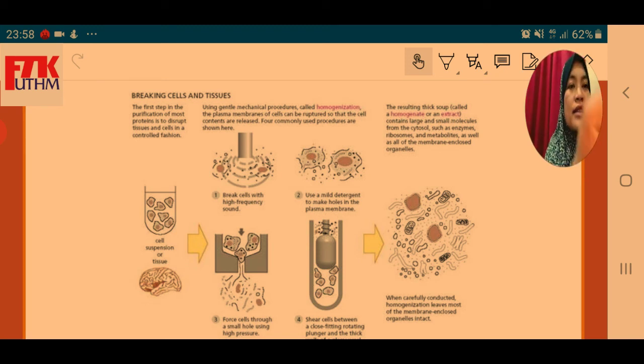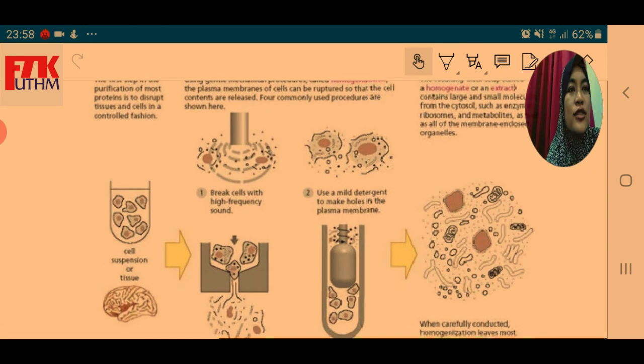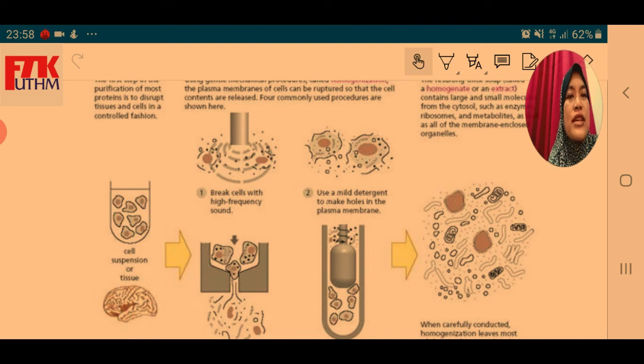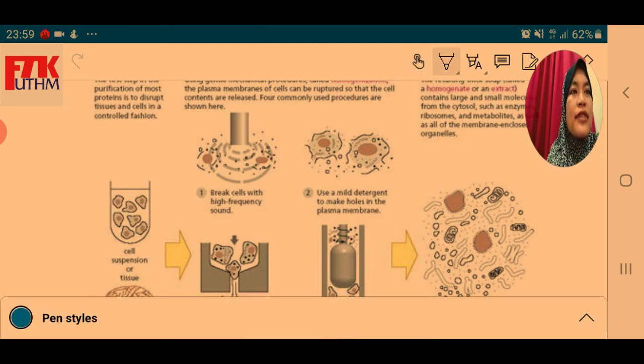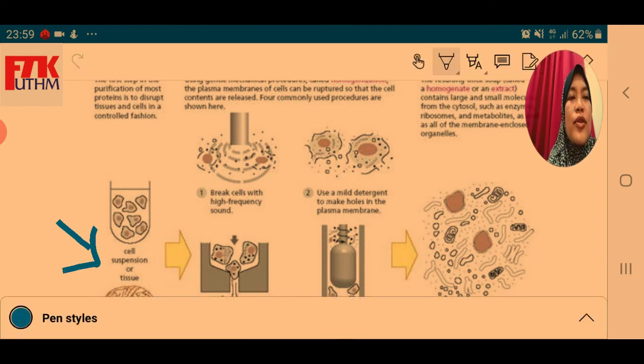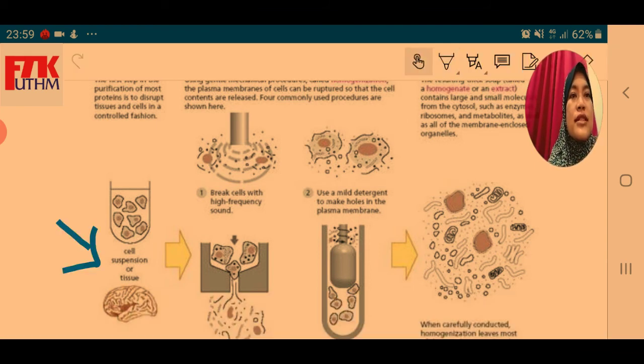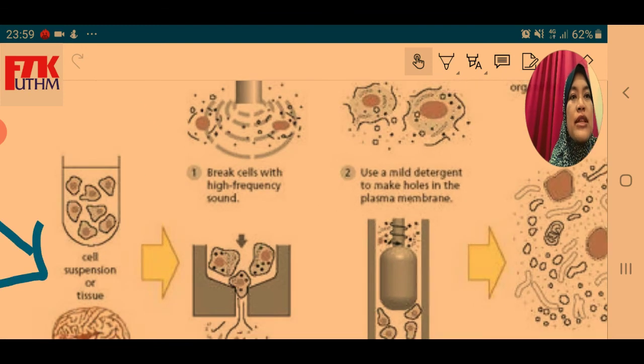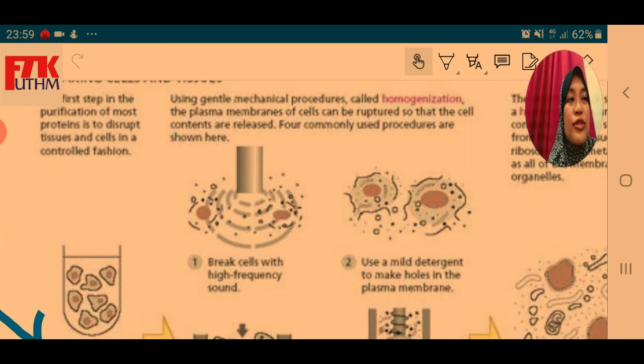It's a nice figure, so that's why I like to show it to you here. When you have a cell suspension or tissue, you can use these four commonly used procedures.